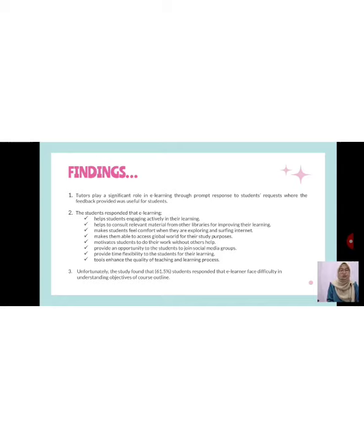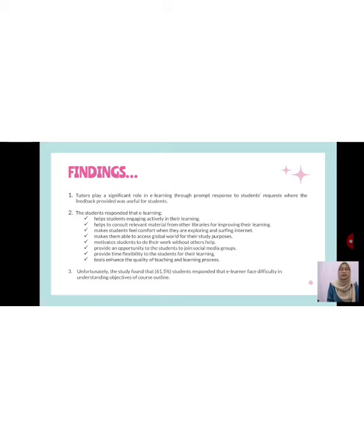Students also responded that it helps them to consult relevant material from other libraries for improving their learning, makes students feel comfortable when they are exploring and surfing the internet. It also makes them able to access the global world for their study purposes.